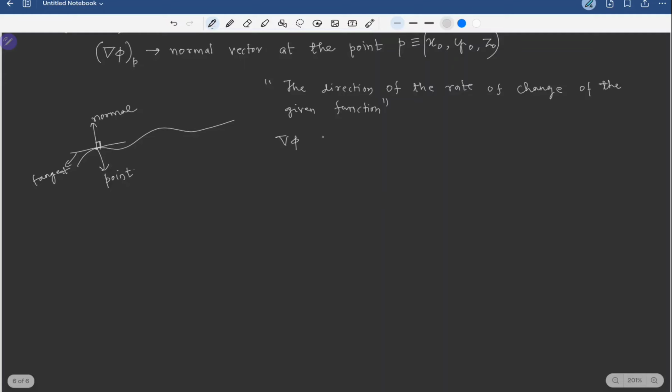Del phi is the direction in which the function is changing rapidly. Hope you get this.